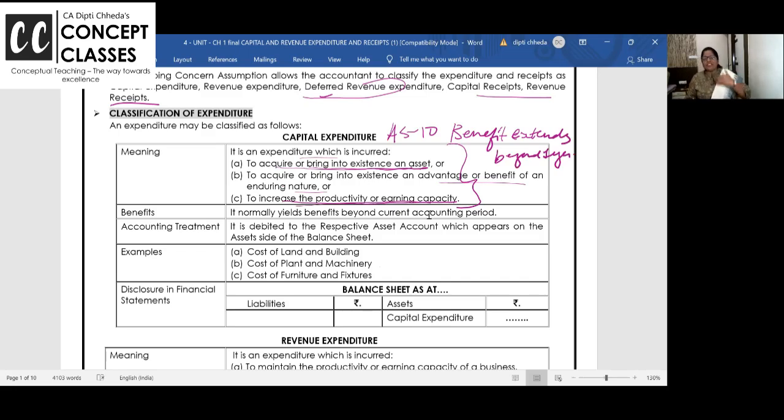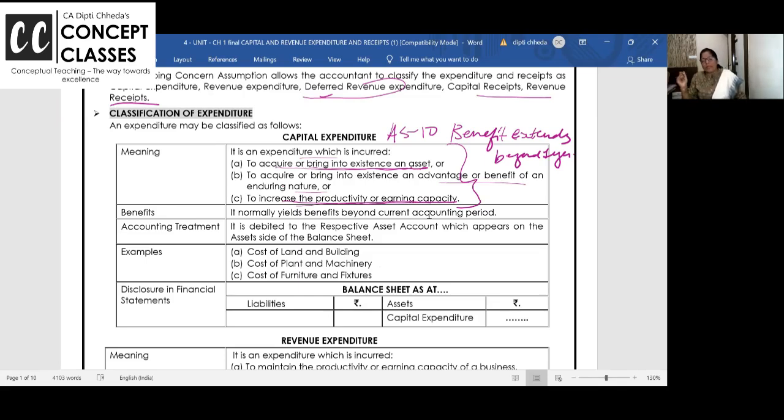I hope you are getting it. When I am buying machinery, I am going to use it for 6-7 years. When I am going to buy a building, I will do my business for the long run. So any expenditure where the benefit is more than 1 year, an asset is coming in, productivity is increasing, that's a capital expenditure. For example, I was taking face-to-face classes.